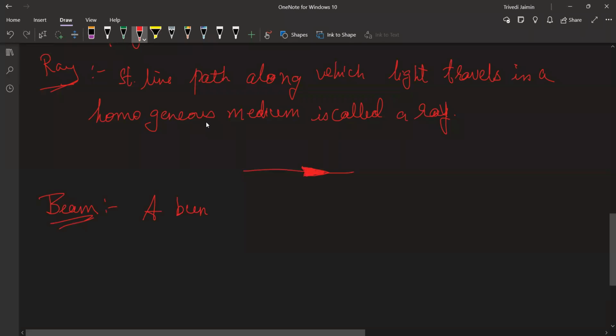A group of rays. Exactly, a bunch of rays is called a beam. In that we have two types: convergent and divergent. Exactly.